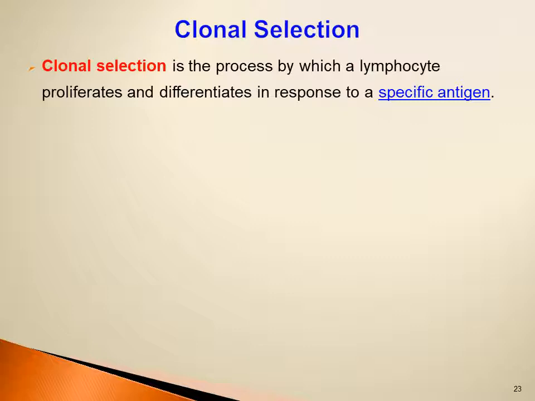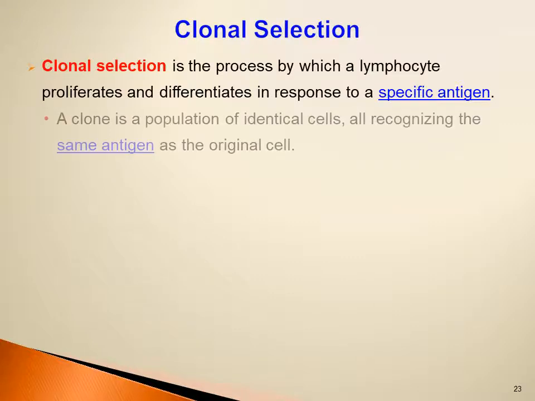The first is the clone of lymphocytes specific to the first antigen, while the second group is another clone specific for the second antigen. A clone is a population of identical cells all recognizing the same antigen as the original cell.